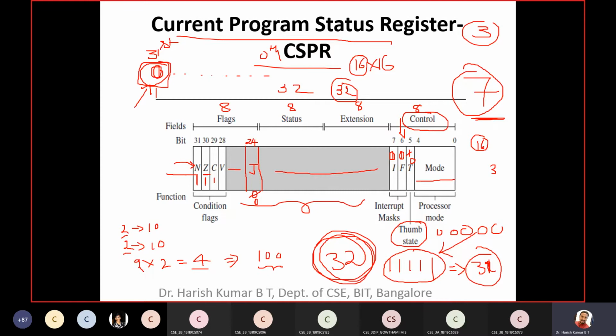So always it should be an integer power of 2. This 2 is okay because it is 2 raised to 1. Can I write this as an integer power of 2? Not possible. I have to add one more 0 here. Now this is 4-bit, so 2 raised to 2, so this can be expressed. Now the product I'm getting is a 4-bit number.